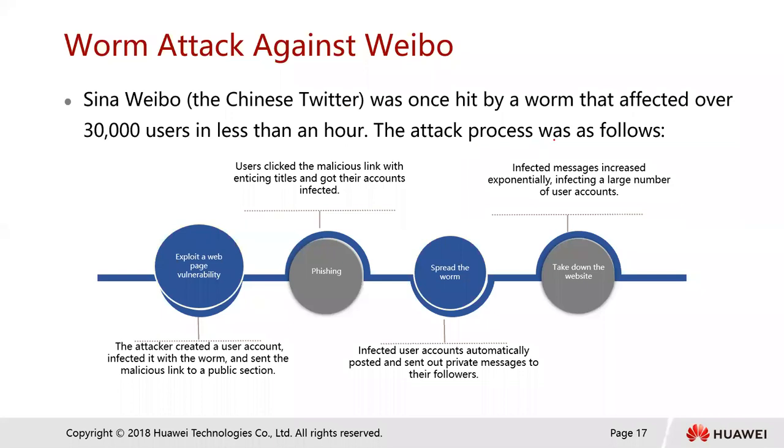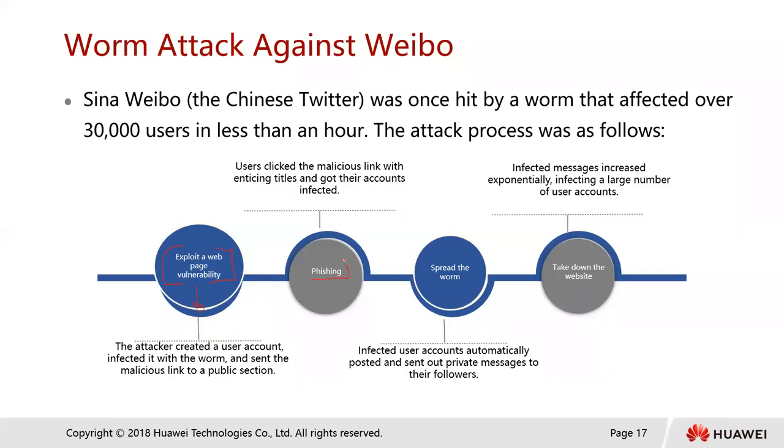The attack process was as follows. The attacker created a user account, infected it with a worm, and sent malicious links to a public section. So this guy exploited the page vulnerability, that he could create an account and also use that account to send out malicious links to the public section.